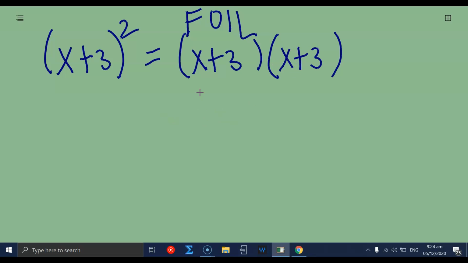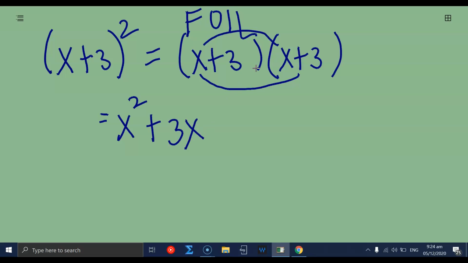So using the FOIL method, we first have to multiply the first terms. So you have x squared plus the outer terms, which are the x and the 3. So you have x squared plus 3x. And then the inner terms, which are the 3 and the x, plus 3x.